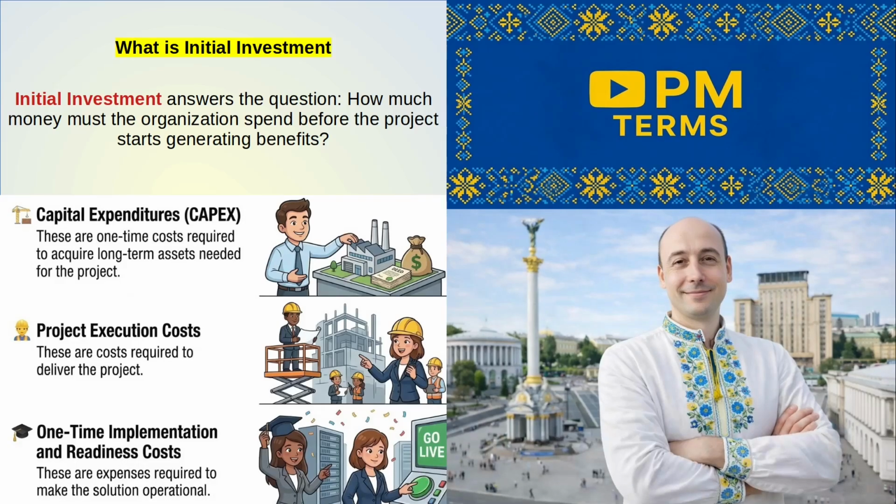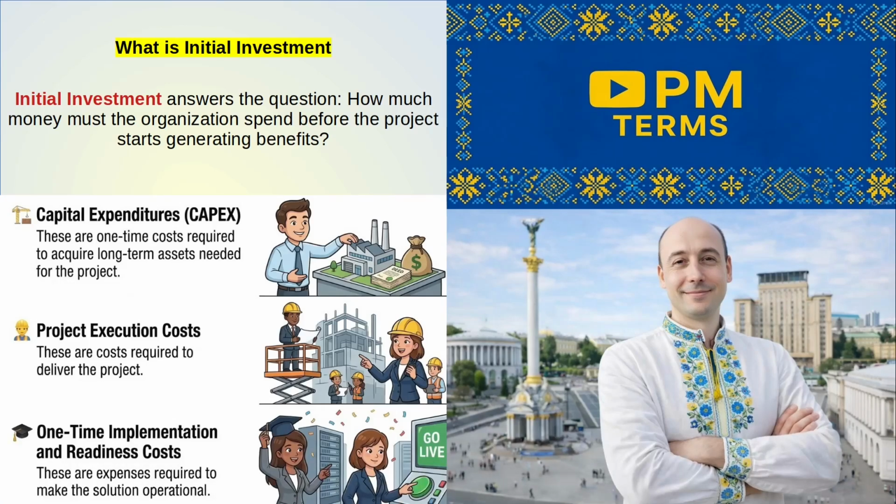Project execution costs. These are costs required to deliver the project. Examples: internal labor, external vendors and contractors, systems integration, custom development, testing and deployment activities. One-time implementation and readiness costs.